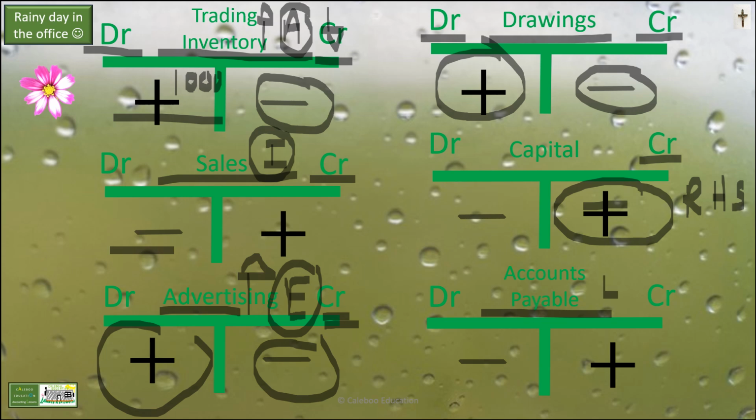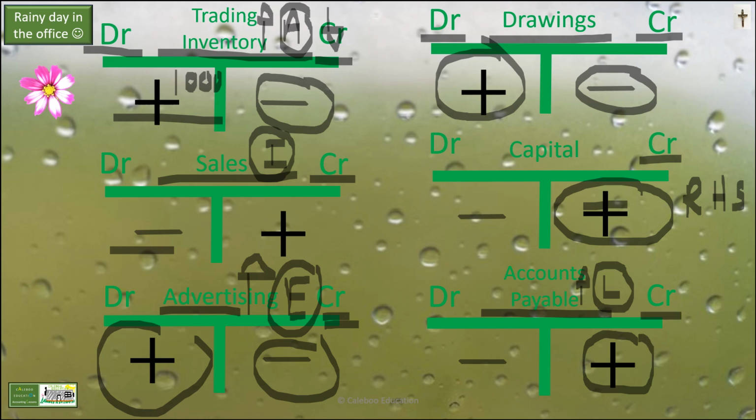Accounts payable, creditors, is a liability. If there's an increase in liability, we've bought more on credit, for example, an increase in liability goes on the credit side.